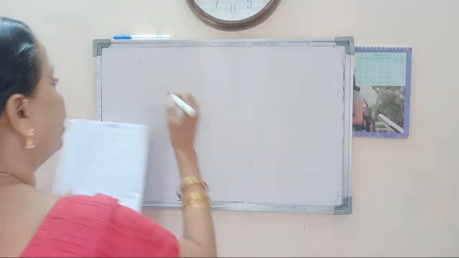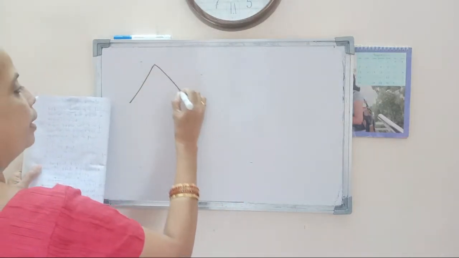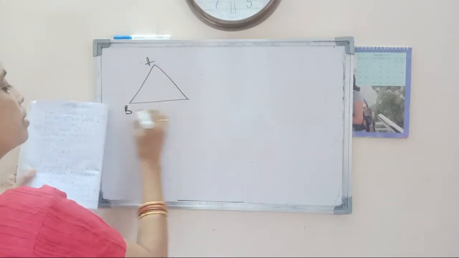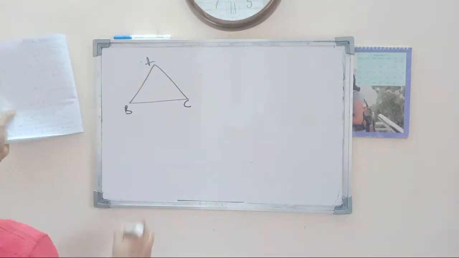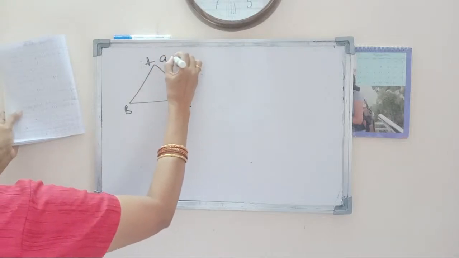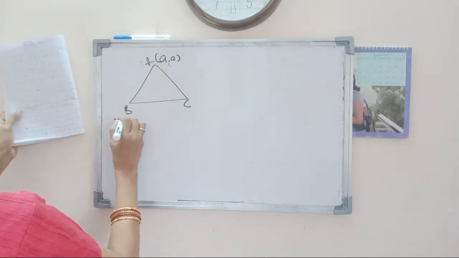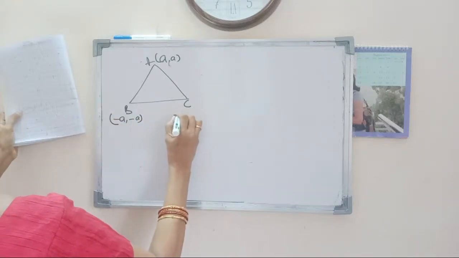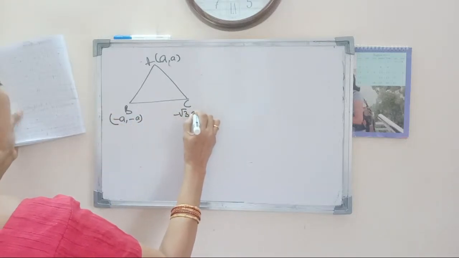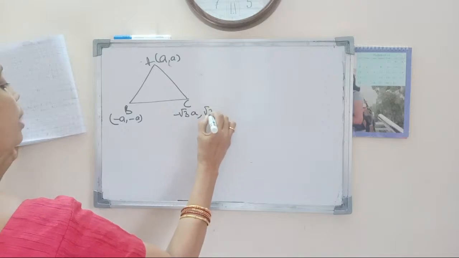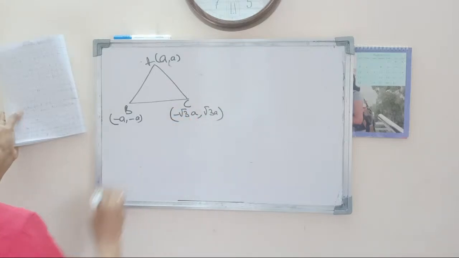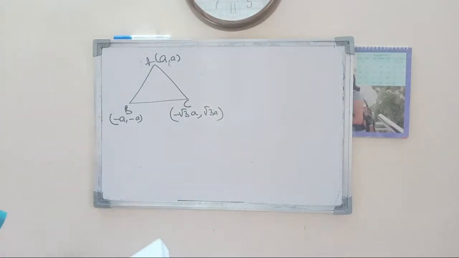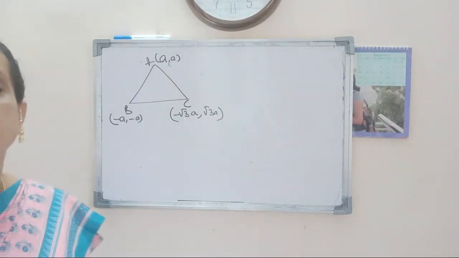Show that the points A, A; minus A, minus A; and minus root 3A, root 3A are the vertices of an equilateral triangle.